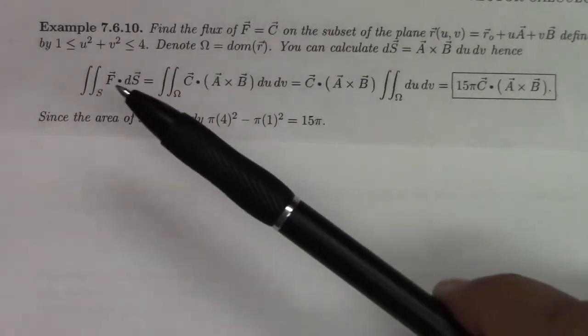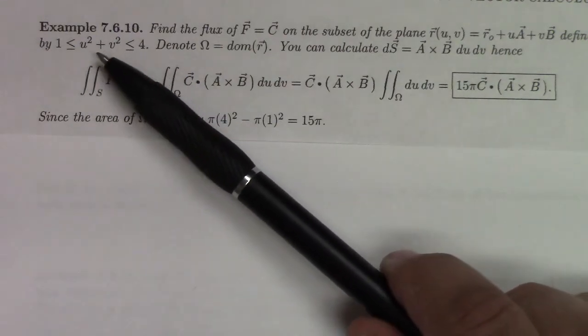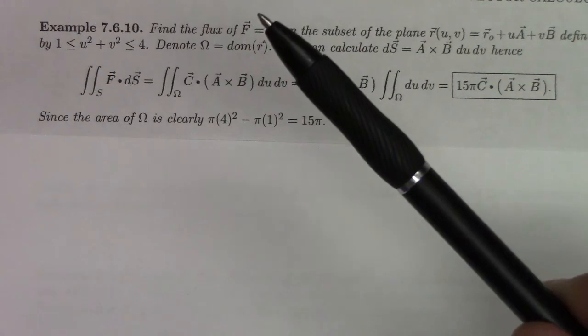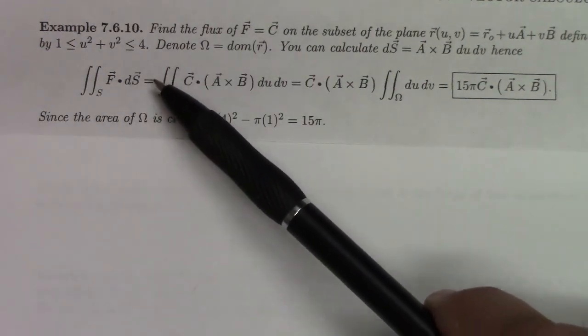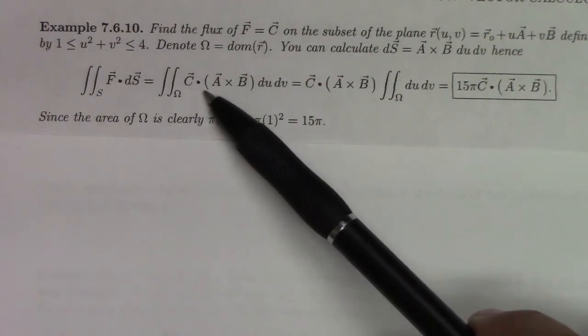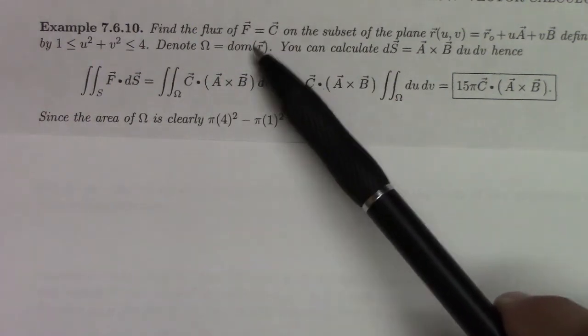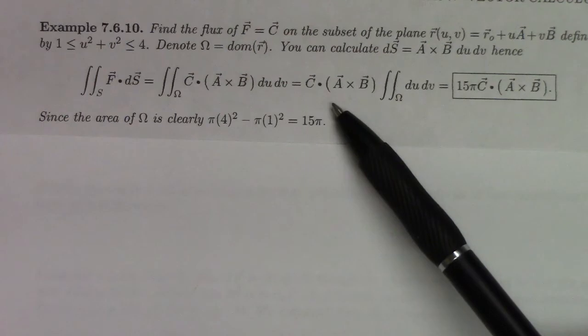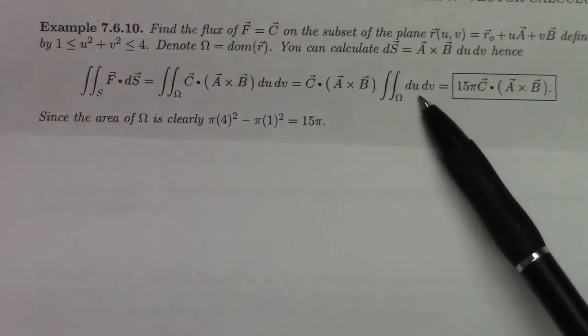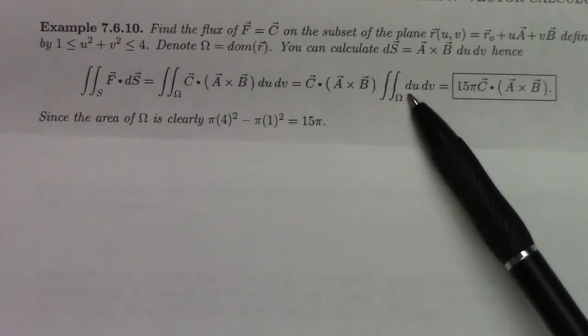Omega is apparently the annulus between radius 1 and radius 2 in the UV plane. And so, as I said, the dS vector is A cross B du dv. I take the dot product of that with my given vector C. And that's a number. I pull it out. Then I have to integrate over omega du dv. That just gives me the area of omega.